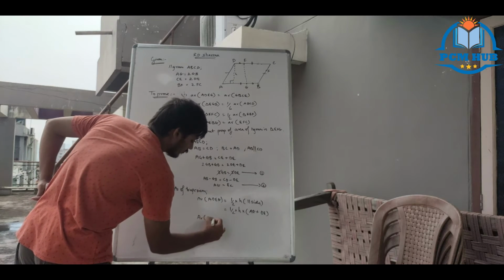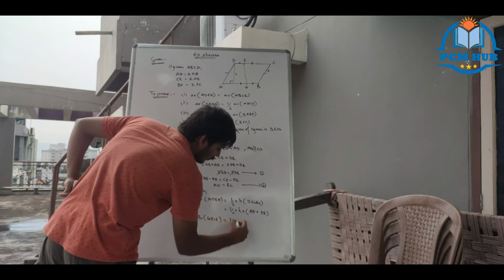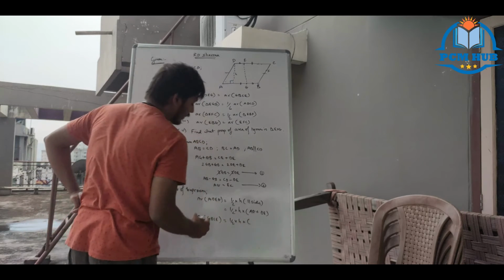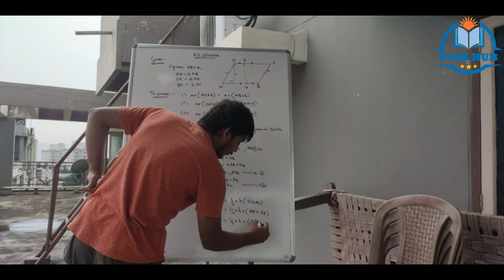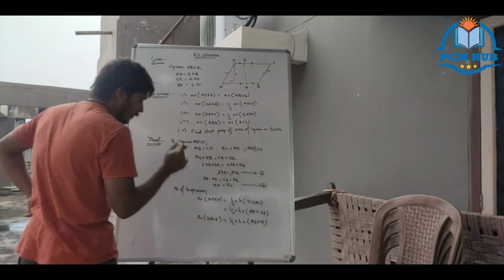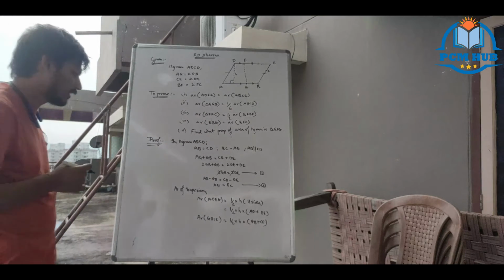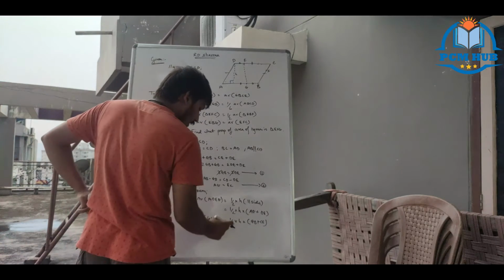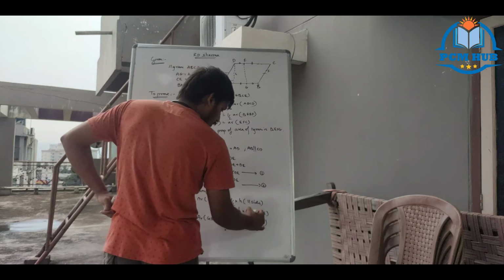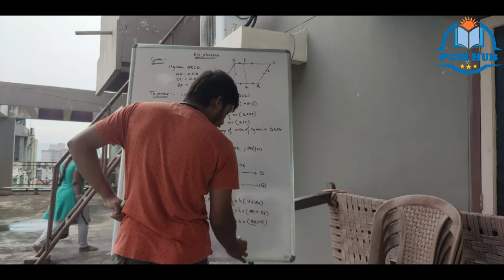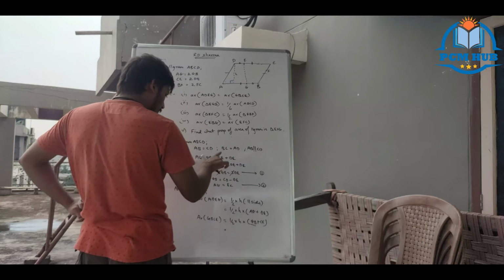Now the area of the remaining one, GBC. That is also half into height into parallel sides. What are the parallel sides? GB plus EC.